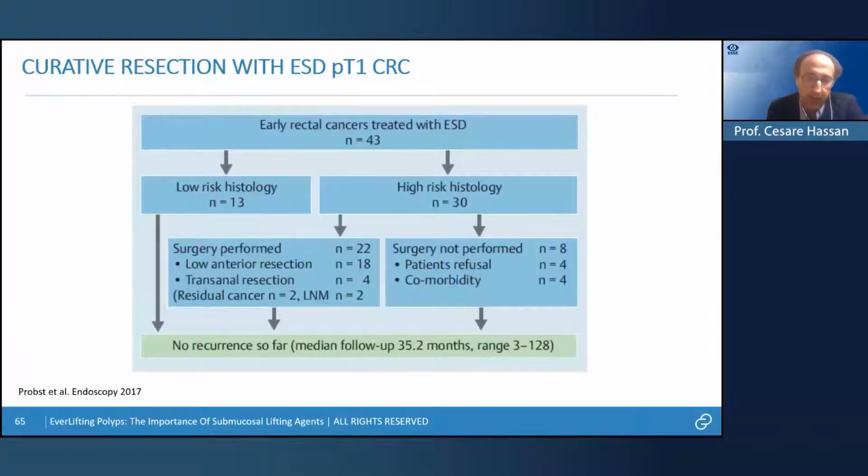And the problem, as also highlighted by Evelyn, is that the natural history is somewhat against us. So despite the R0 resection rate is extremely high, despite most of these resections are en bloc, because of the natural history, you have a curative resection in less than 50% of the cases.